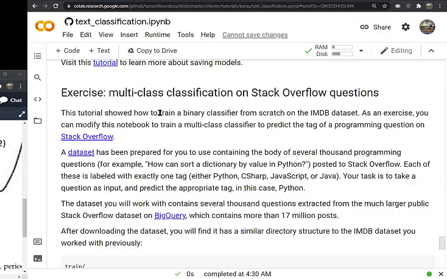So above we only had 2 classes, positive and negative. Here we're going to have 4 classes. And you want to predict which class the question belongs to. Now if it has the word Python in there, it's probably about Python, but sometimes the question may not have the actual language mentioned.